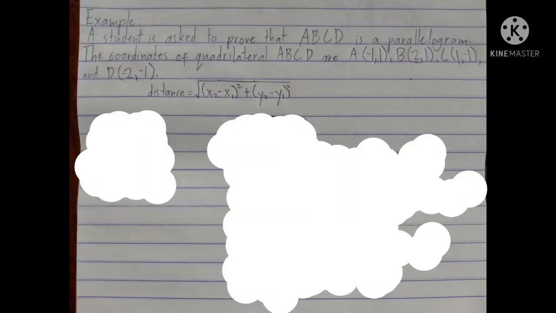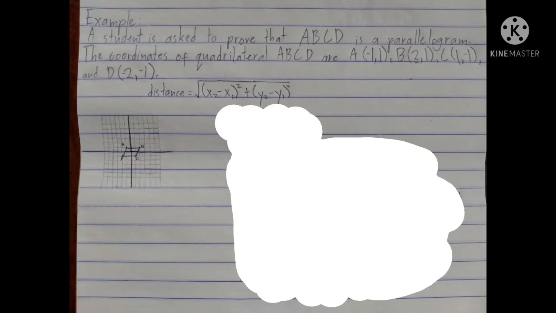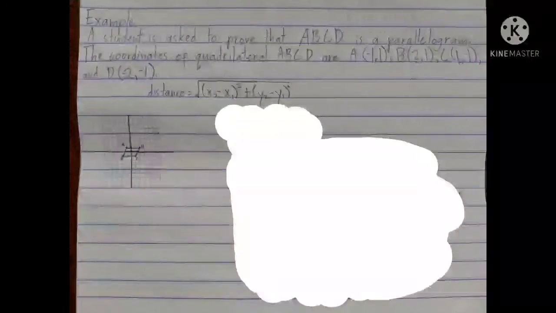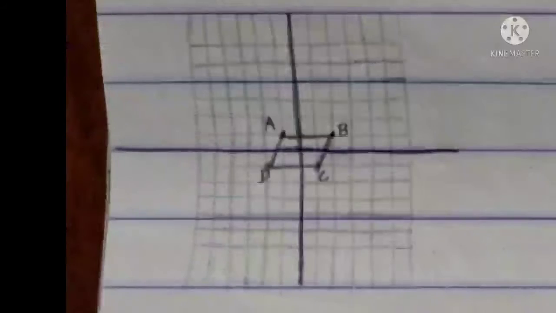Now let's take a look at our graph here, and you can see the points ABCD form a parallelogram. If you zoom in, you can count the distance of AB, which is 3, and also CD, which is also 3.